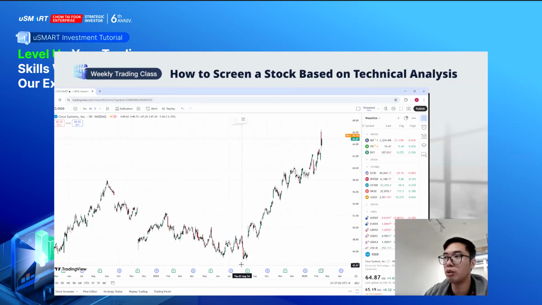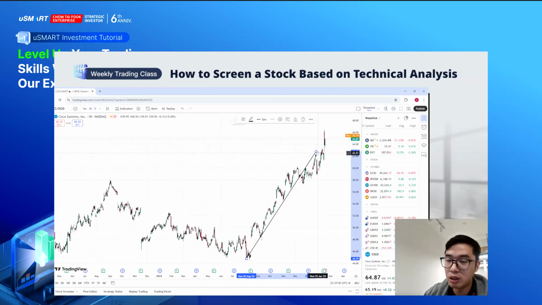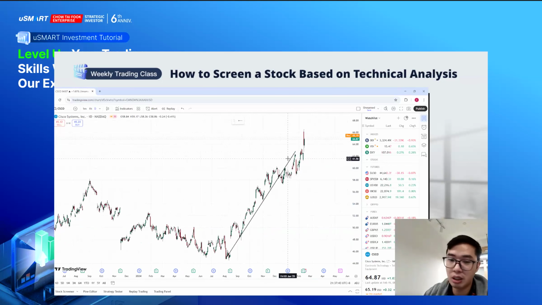Usually we'll just draw uptrends. An uptrend is actually a zone. You cannot just directly link all these lower lows, it will become like this. It's very subjective, right? So for me, the long term is going up.